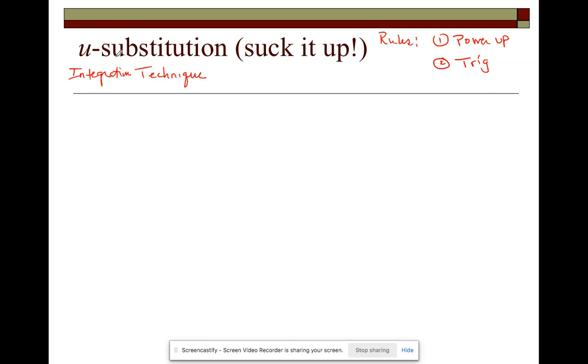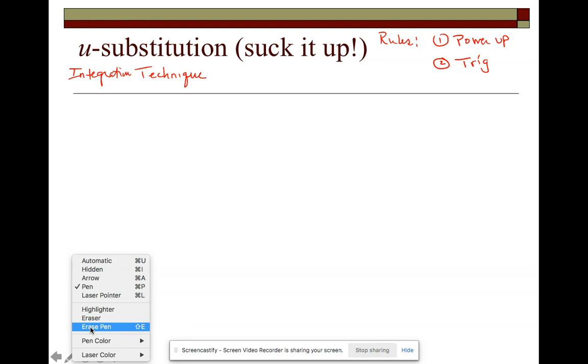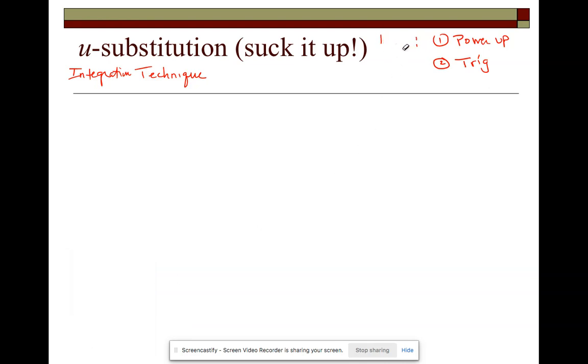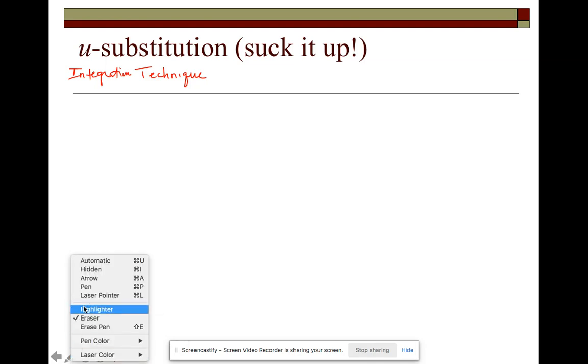That's not my language. It really is called U substitution, but this is me. Suck it up. Here's the reason why I call it suck it up. Because when you are doing derivatives and you have a composition, you have to spit out the derivative of the inside function, the function that's being composed.